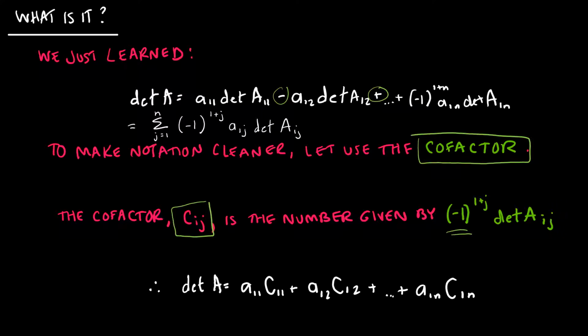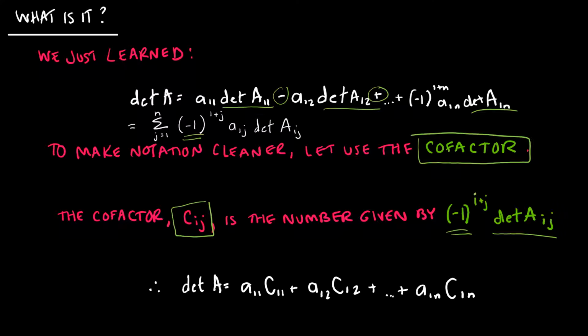That's where that -1 comes in, just like it did here, and all of the determinant part of this. So it's going to essentially replace that part. And what we do is we take -1, and this should be an i, not a 1, -1 to the i plus j, and then the determinant of Aij.